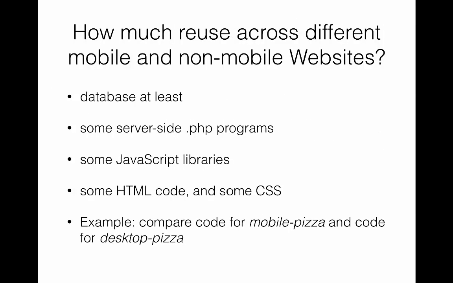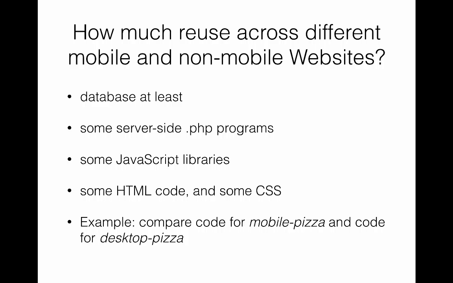Now you may be wondering how much content you reuse, right? So if you think of the realestate.com.au website, there's a mobile version, m.realestate.com.au, and it's quite typical to use m instead of www. And then you have the desktop version, which is www.realestate.com.au.